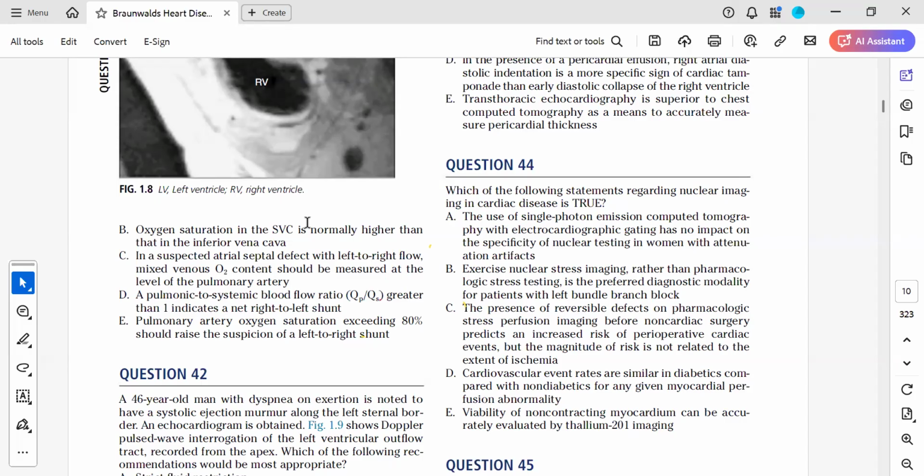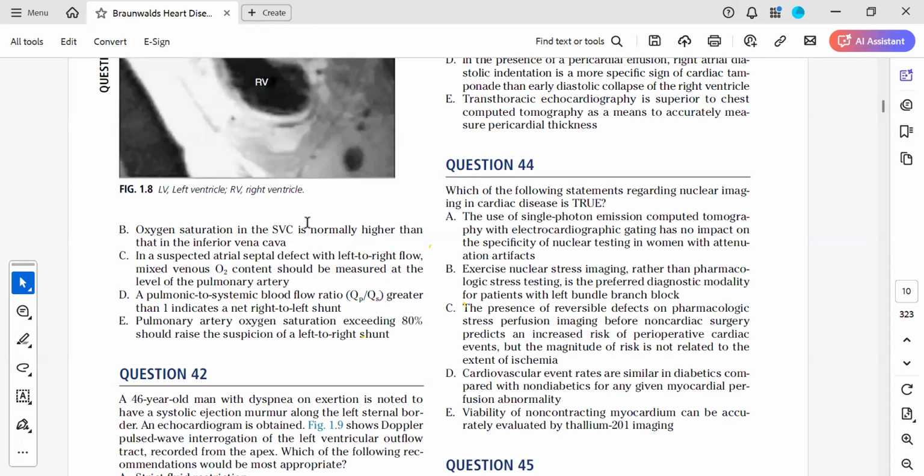I'll still leave this. I'll go to the next option. D. Cardiovascular event rates are similar in diabetics compared to non-diabetics for any given myocardial perfusion abnormality. This option is false. Diabetics are known to commonly have multivessel disease, and they have higher risk for cardiovascular events than their non-diabetic counterparts. So this makes option D false.